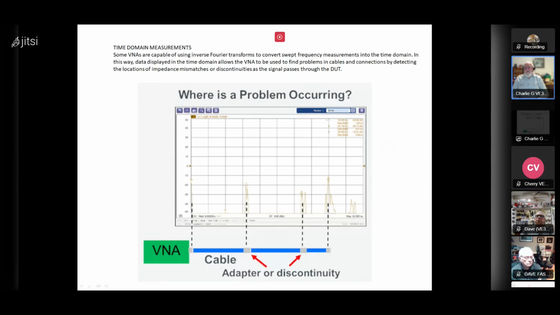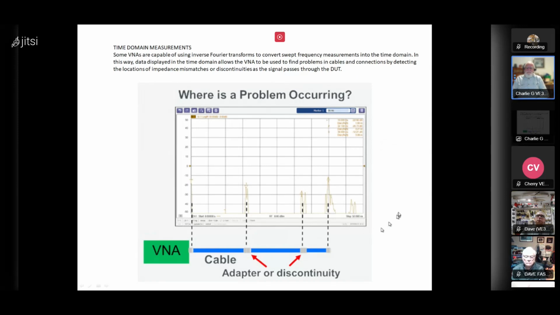Essentially, the way it works is that it fires out a pulse and looks at energy that gets reflected from a discontinuity. If you know the speed of light, the signal goes out and gets reflected and comes back, and the amount of time it takes for that to happen tells you the distance traveled, and consequently you can figure out where we've got discontinuities or a break in a cable, for example.